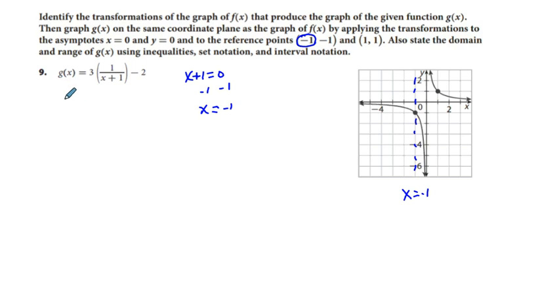Okay, let's see. The reference f of x is translated. We have x plus 1, so we have 1 unit to the left, and 2 units down. This k is minus 2.